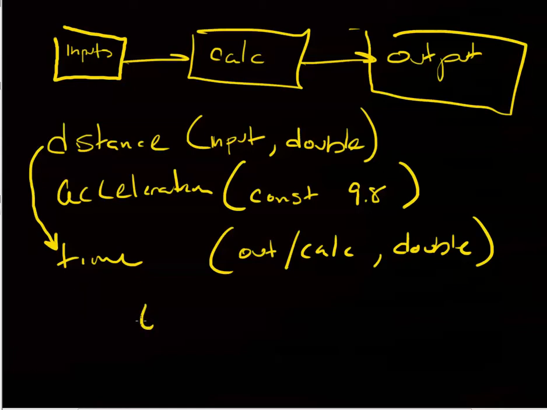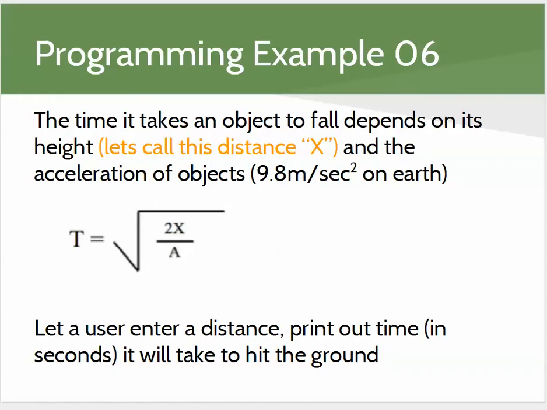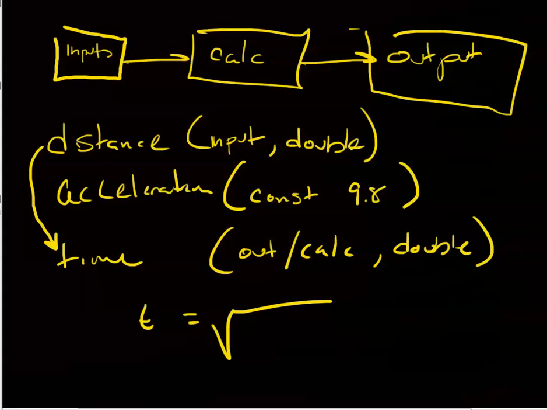Right? Our time is equal to the square root, and I think what was it? 2x divided by a. And whether we call it x or we call it distance, it doesn't really make much difference. And there we go.